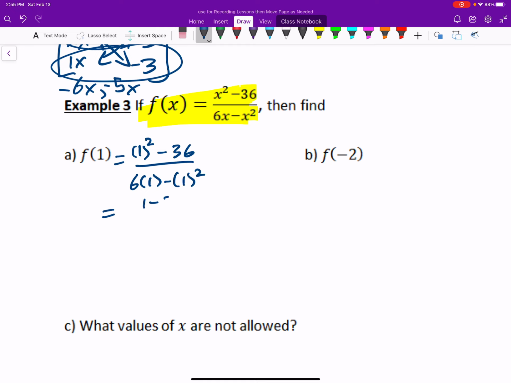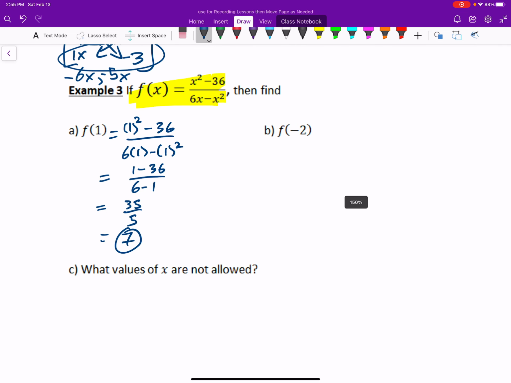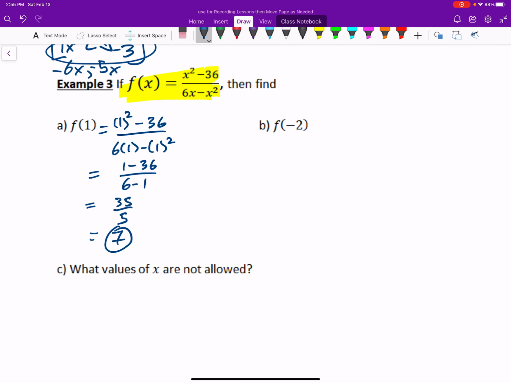That gives me 1 minus 36 over 6 minus 1. So I end up with negative 35 over 5, which reduces to negative 7. What about f at negative 2, when x equals negative 2?